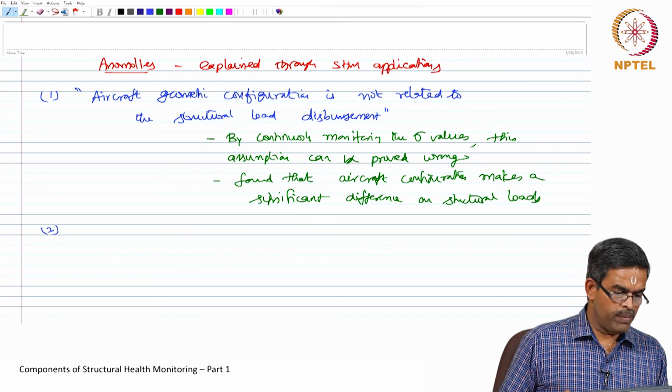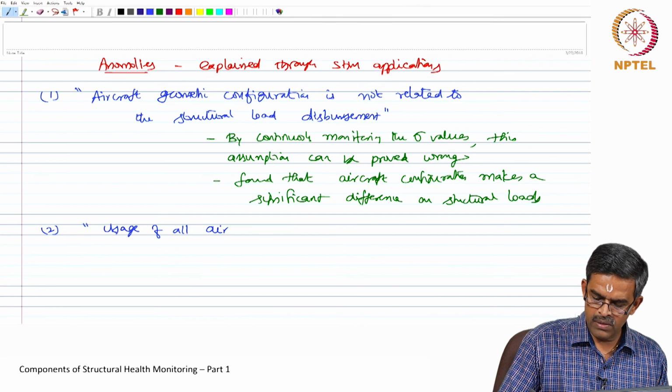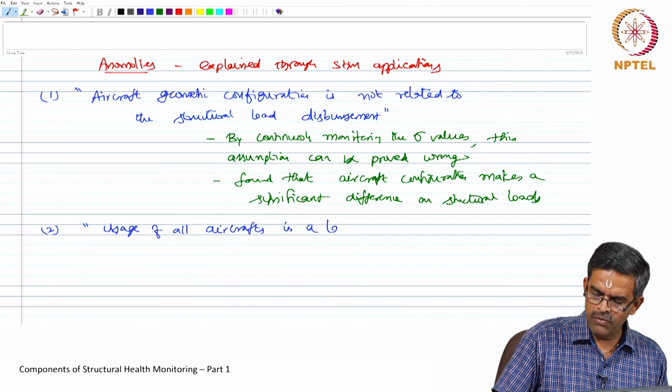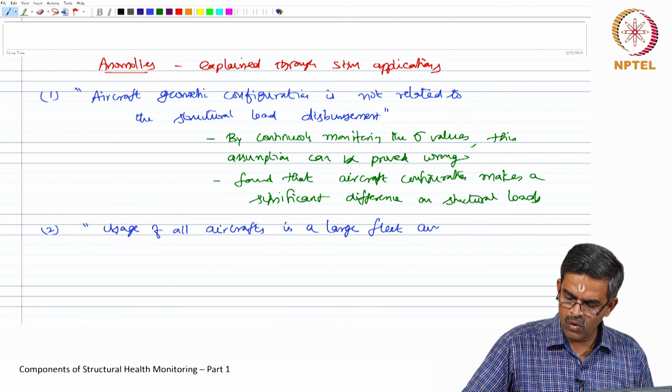The second, the next anomaly, says that usage of all aircrafts in a large fleet averages out with time.